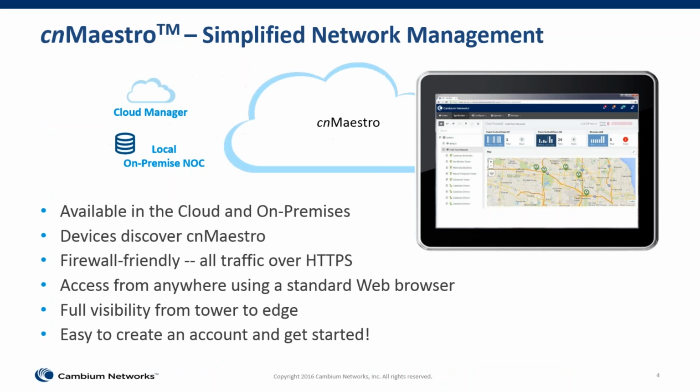When we look at cnMaestro, there are actually two versions. One is the cloud version, and I'm going to do a quick demo today to show how to use cnMaestro Cloud to manage your network. We also offer cnMaestro On-Premise, where you run your own server and it literally becomes a private network. The cloud version has some obvious advantages: we maintain the software for you, and there's automatic hardware redundancy in the cloud.